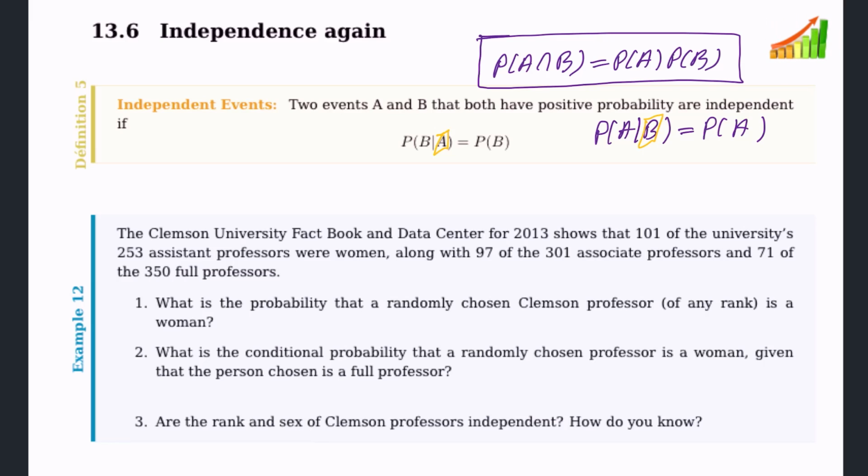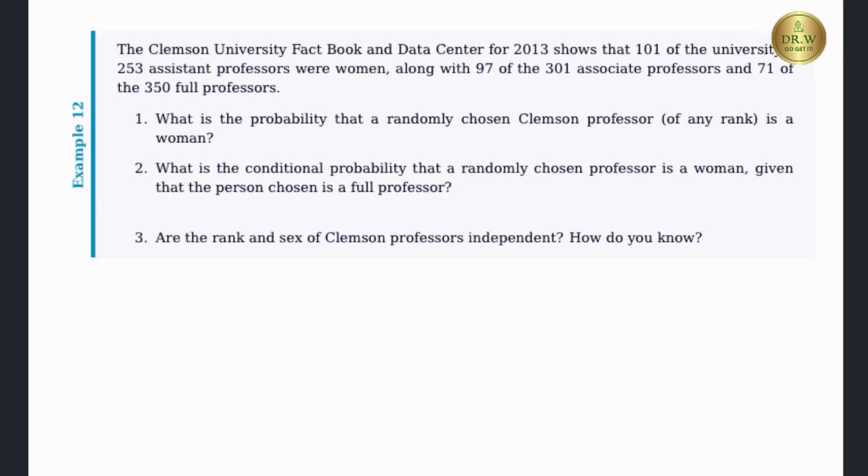If A and B are independent, this goes to the first letter here. So the condition disappears.